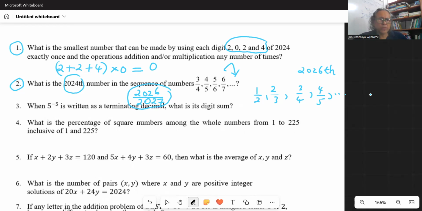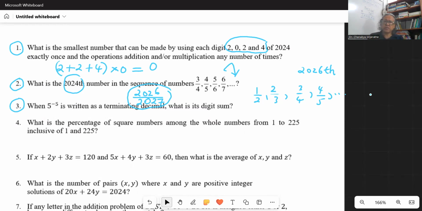Okay, question number 3. When 5 to the negative 5 is written as a terminating decimal, what is its digit sum? Now, you can write any number as a decimal, right?